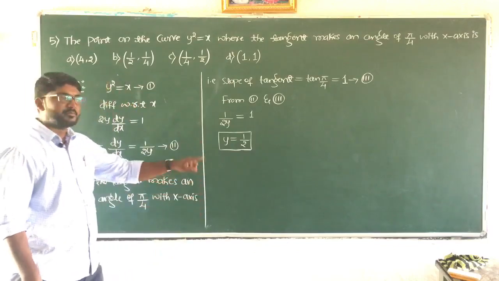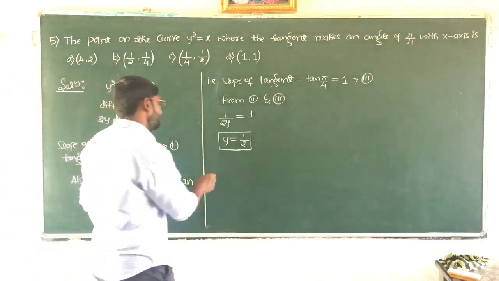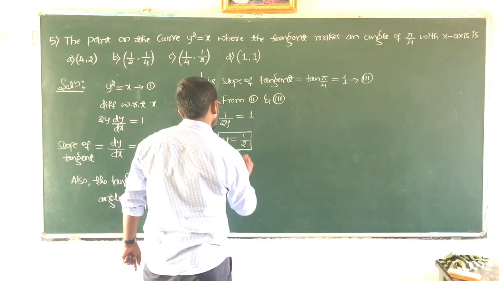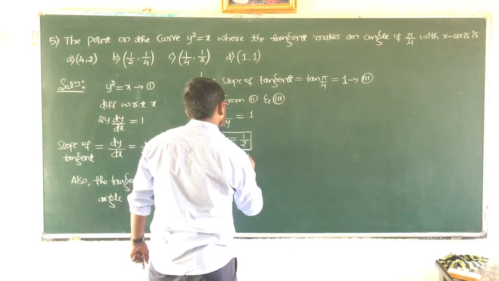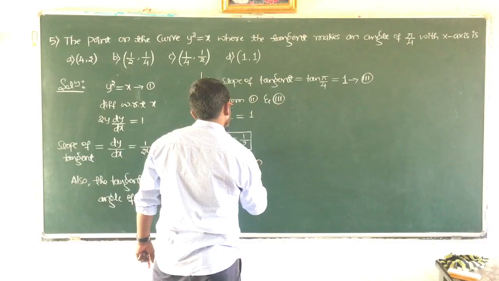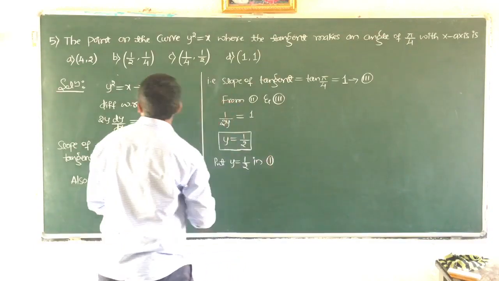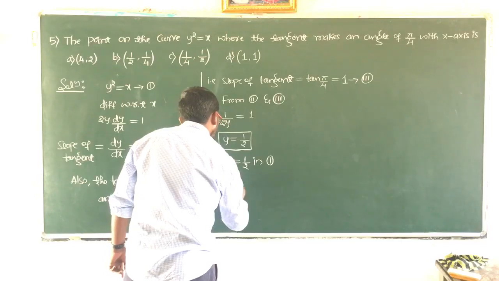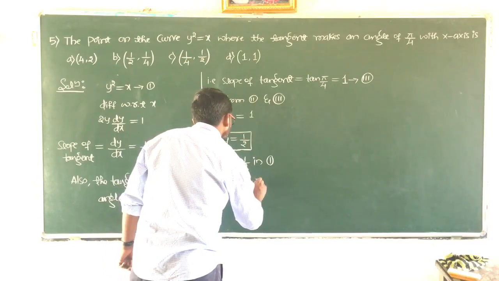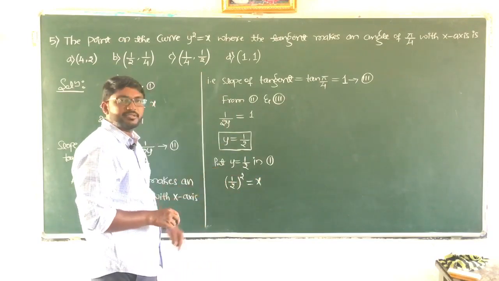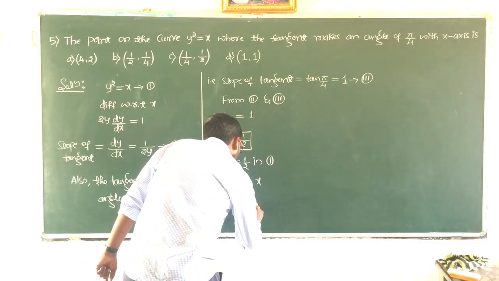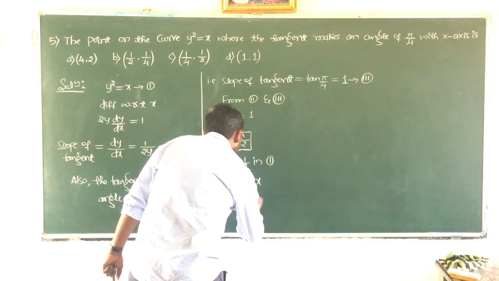Substitute y equal to 1 by 2 in equation number 1, we get the value of x. Put y equal to 1 by 2 in equation number 1. So, what do we get now? 1 by 2 the whole square is equal to x. What is 1 by 2 the whole square? It is 1 by 4. Therefore, x equal to 1 by 4. This is the value of x.